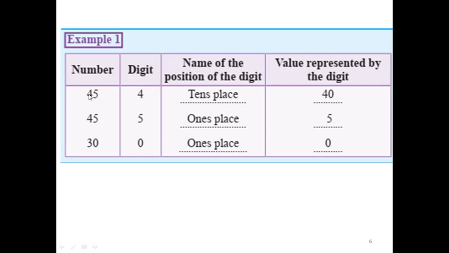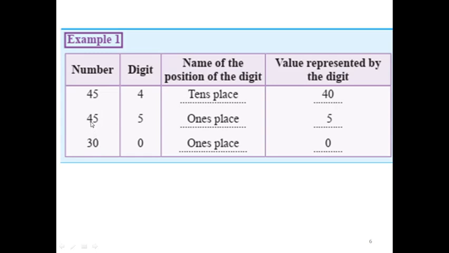You know that when you are given this number, we start from the rightmost, that is the first or units place, ones place, and then we have tens place. So the answer is 4 is in tens place. The value represented by the digit 4 is 4 into 10, because this 4 is in tens place. 4 into 10 is equal to 40.